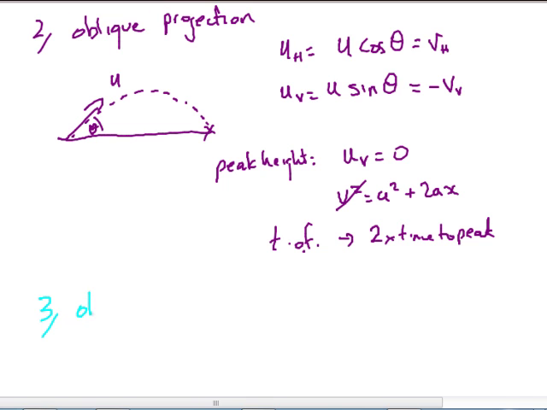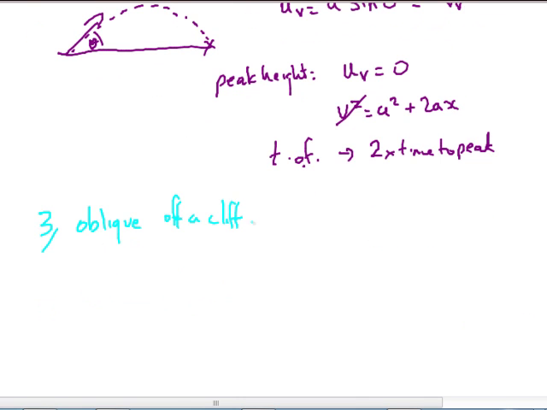And the third scenario is oblique off a cliff. So we're kind of incorporating both bits from the previous scenarios. So something like this, launched on an angle to the horizontal, and it goes out and hits some boat out in the sea.